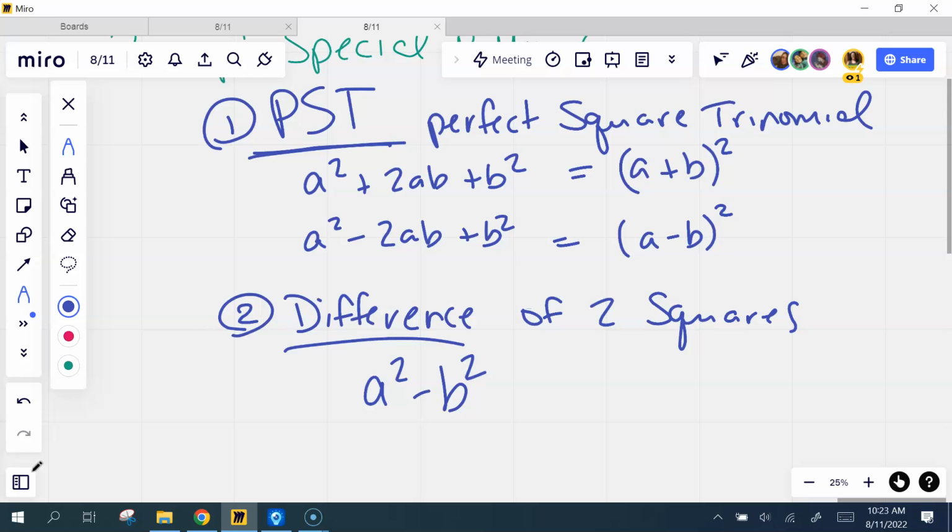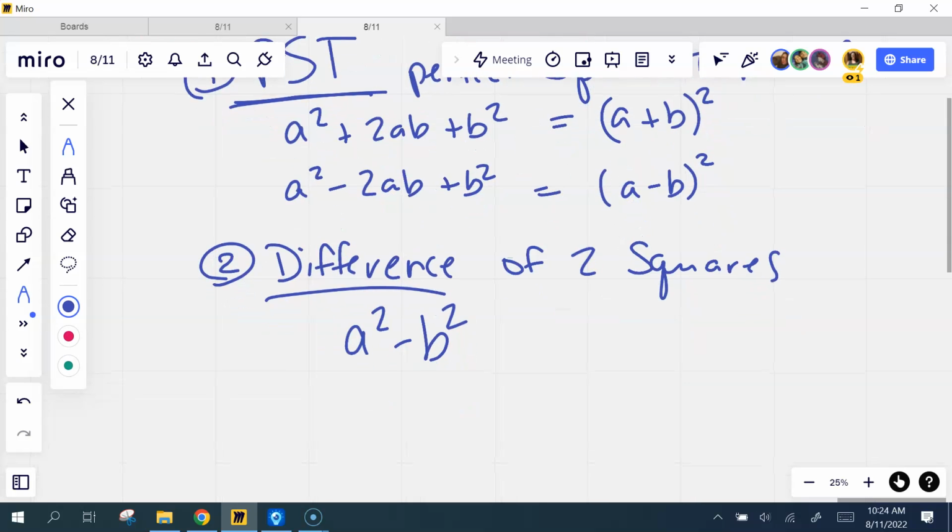A lot of letters, right? What does that mean? Cannot be factored. A squared plus b squared cannot be factored. So yes, it's a minus b, a plus b.